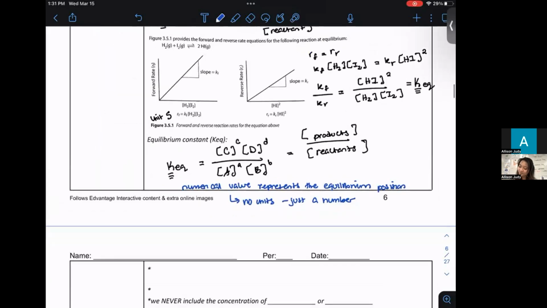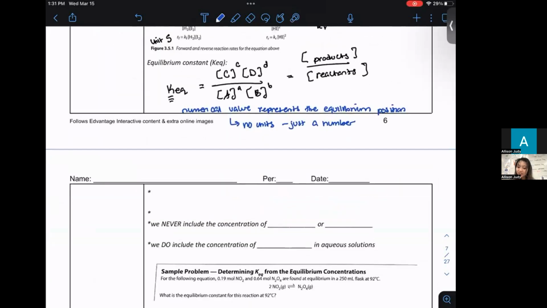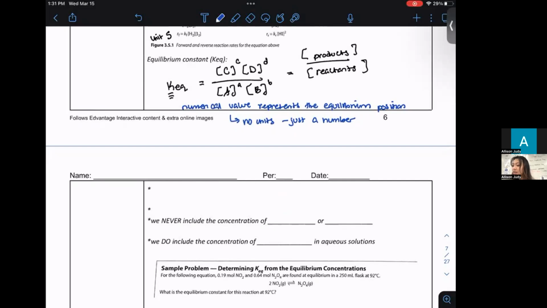Okay, a couple things about determining this value. One, you have to start with the balanced chemical equation. You can't do any of this without it because you need your coefficients. Two, when you set this up, do not include units in the final answer, and correctly identify product and reactant.